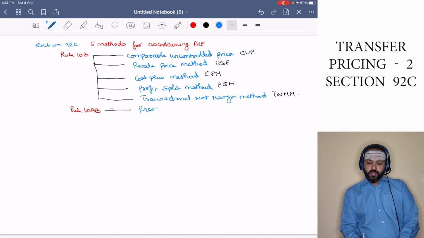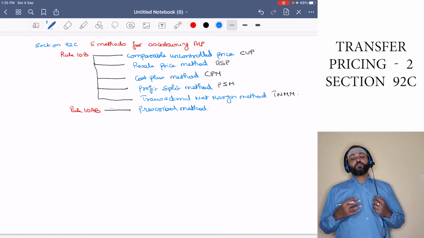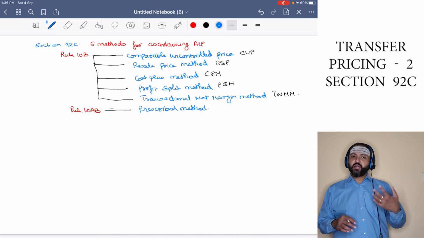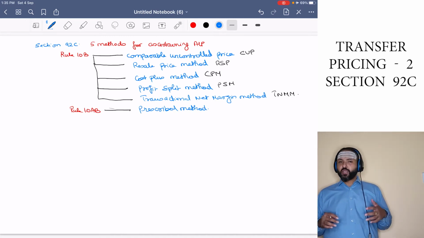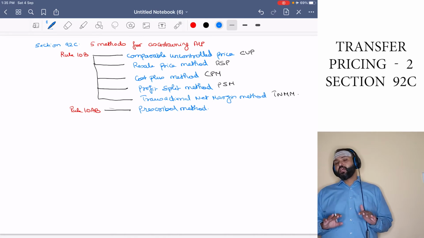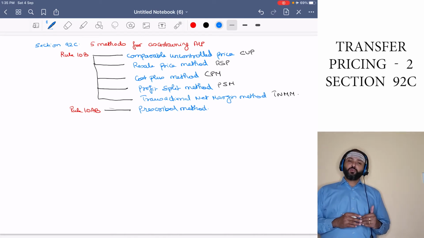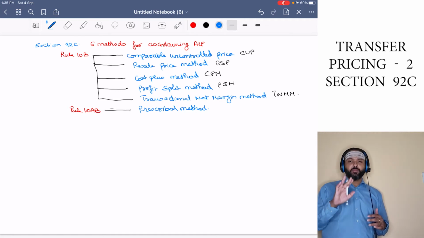Now there is nothing prescribed actually. What they want us to do is make sure and also convince that none of the five methods prescribed above can be applied to a given scenario. So we are resorting to this method owing to the facts of the particular transaction. We are to approach Rule 10AB to determine the arm's length price.